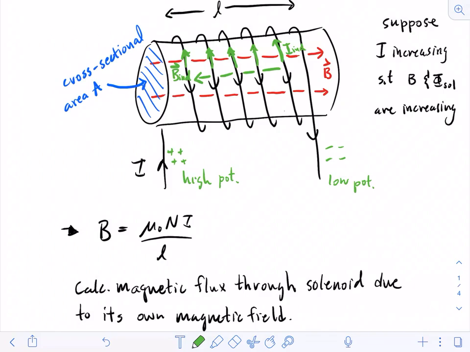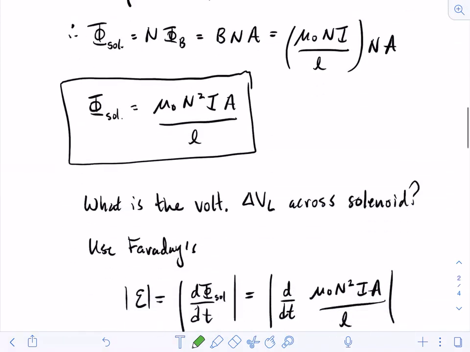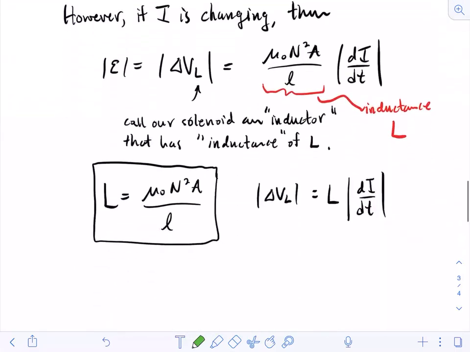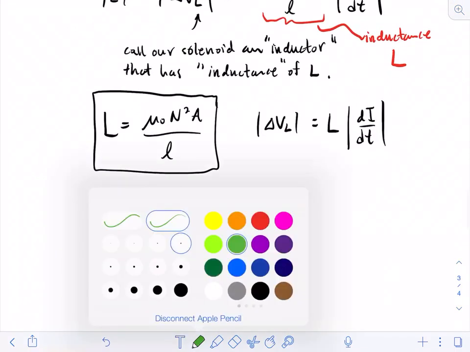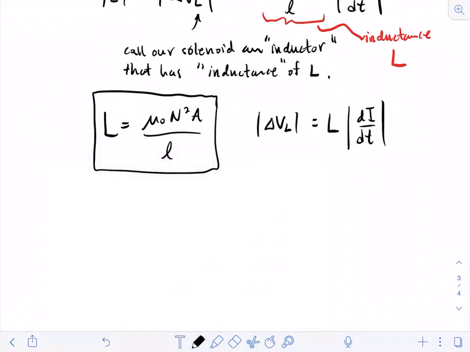Okay. So what must happen then is that if we were to try to write down an expression for the voltage difference across our inductor, we said that's going to be equal to L di dt.